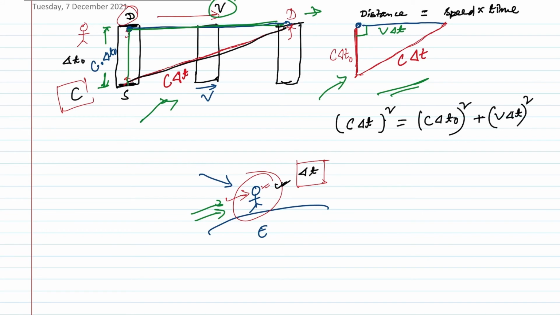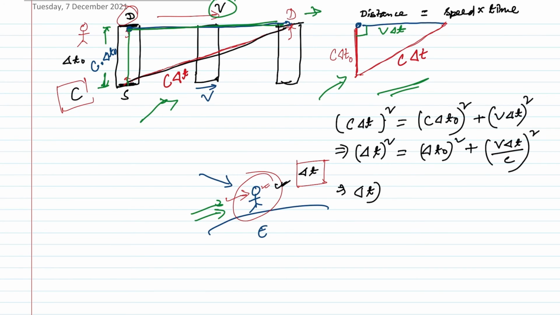So now what we are going to do is divide both sides by c square, then you will get delta t square is equal to delta t naught square plus (v delta t by c) whole square. Then simplify, you will get delta t square minus (v delta t by c) whole square is equal to delta t naught square. Then you can take delta t square common from these two.